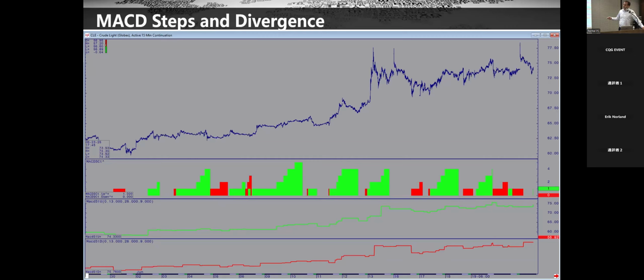So on the upside, we have the MACD crossing up and stepping up multiple times up until the MACD crosses the other way around and then starts again at 0. And we can see that it does that a few times on the upside. On the downside, it's not that clear, which means that we're obviously mostly in an uptrend. But what's more important is when is the step up going to stop?